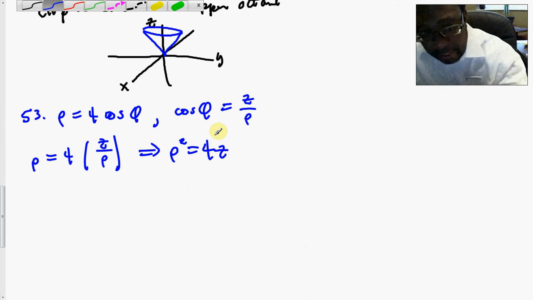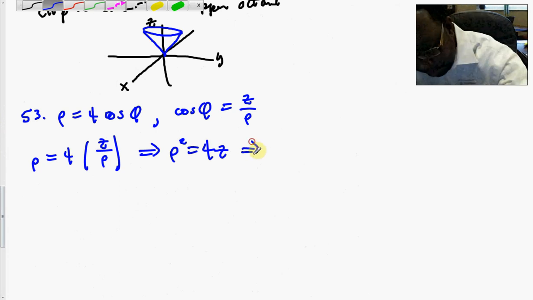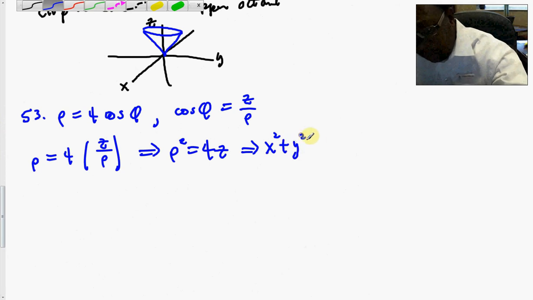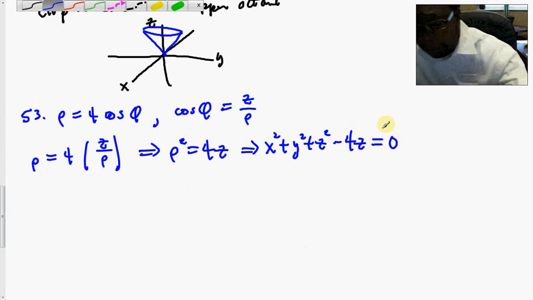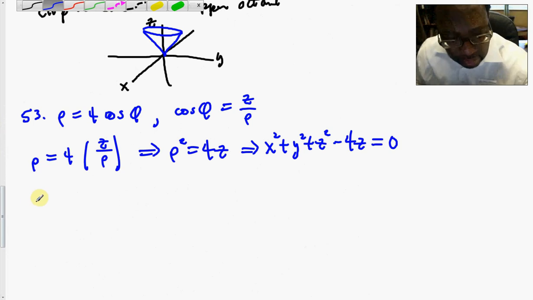Now, rho squared is x squared plus y squared plus z squared. So this implies that we have x squared plus y squared plus z squared. Let's subtract the 4z on both sides. Complete the square on z.